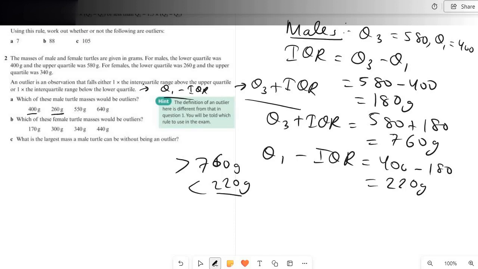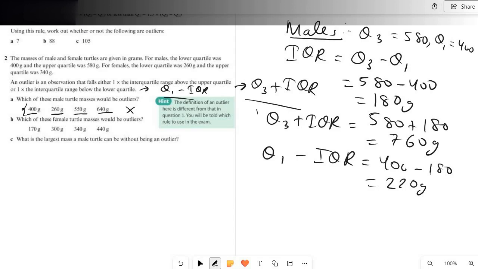Similarly, 260 is also the same. 550 also falls within this range, and 640 also falls within this range, meaning that all 4 of these masses are not outliers. For number B, we have to evaluate whether these masses are outliers or not.